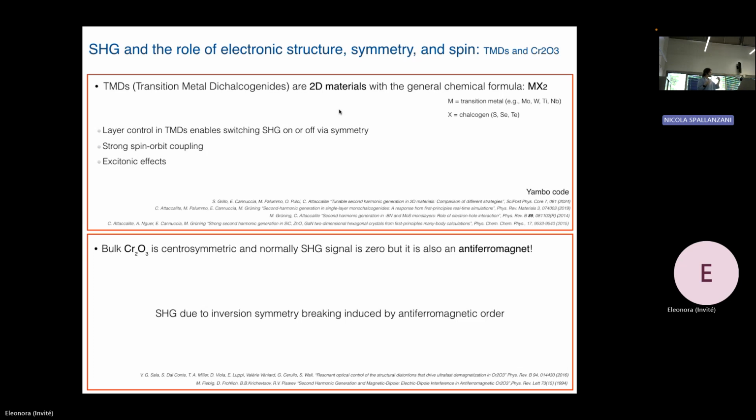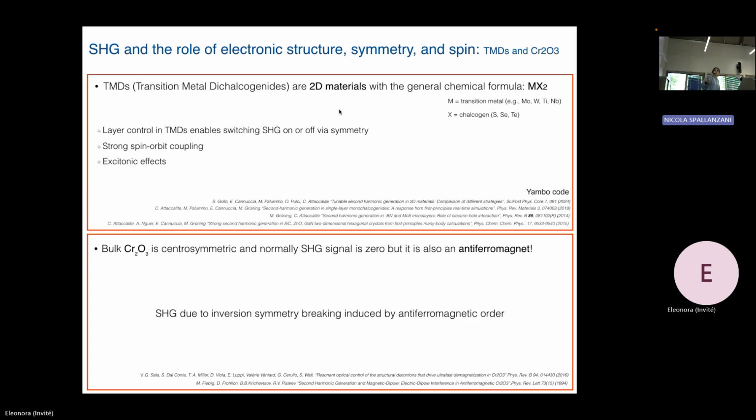So I will show you some important features, like, for example, excitonic effects, electrical parts of layer, and different ways with symmetry, crystal symmetry, for transition metal dichalcogenides. Again, because I really think that there is a quite huge and important literature of people working with Yanko on this subject.